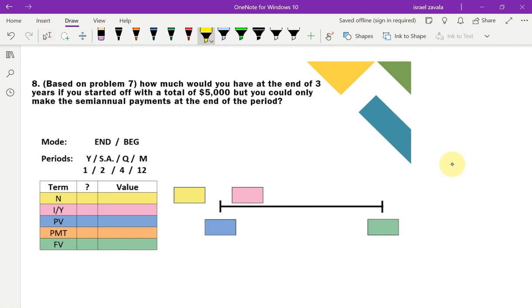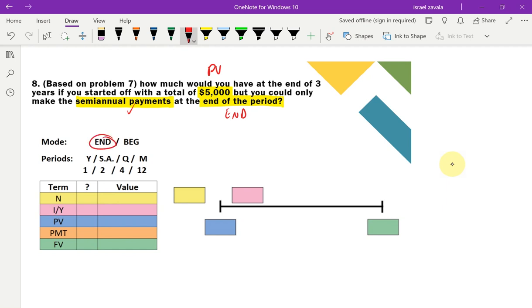So how much would you have at the end of 3 years if you started off with a total of $5,000? So what are we changing? We're starting off now. That's the present value. We're starting off with an amount. But you could only make semi-annual payments at the end of the period. So semi-annual payment stays the same, but this changes to end mode.